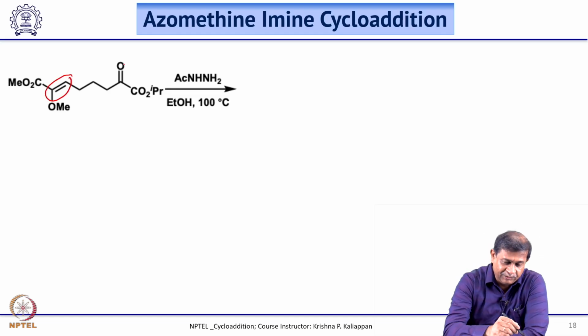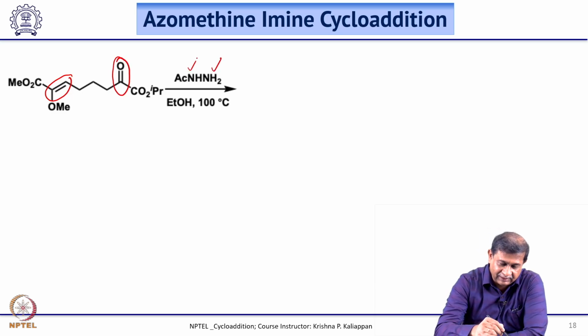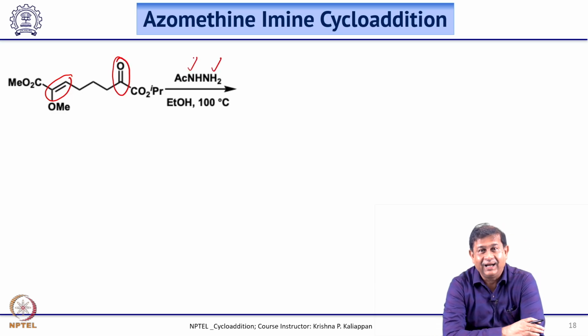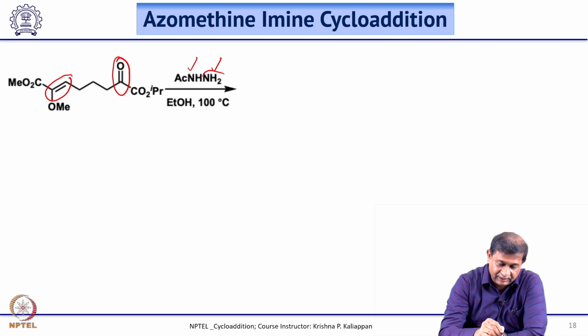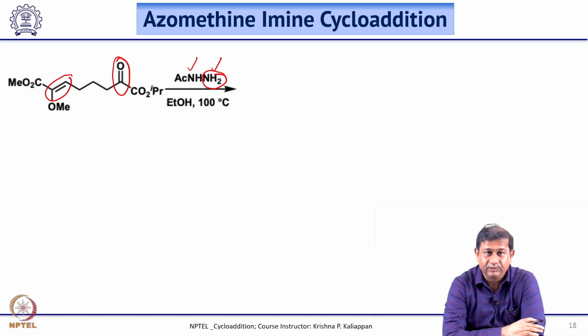Okay, so now if you take this example, this is the dipolarophile. Now you have this ketone, and if you treat this ketone with acetyl hydrazine, as you know, this NH2 will immediately react with the carbonyl group to form an imine.